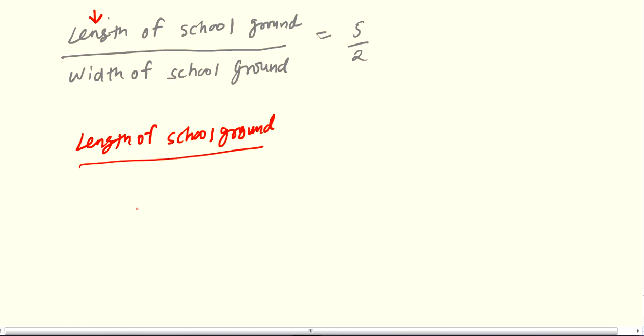Length of school ground that we have to find. If width is given, width is 40 meters, so write 40 equals to 5 by 2. Now we have to find length, so transpose this 40 to the right hand side.